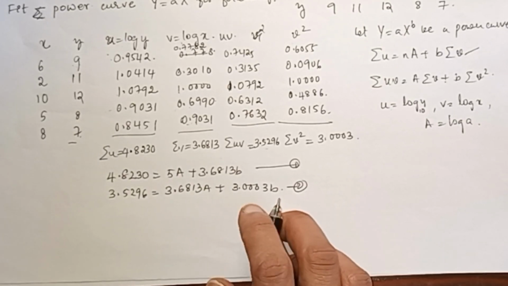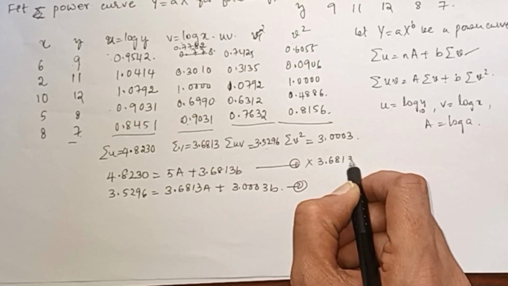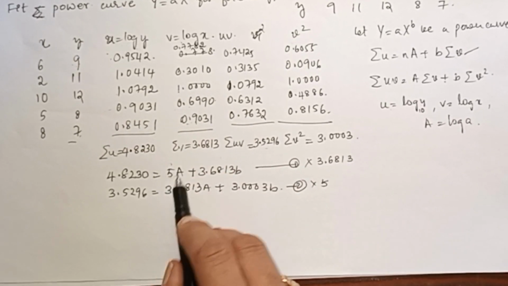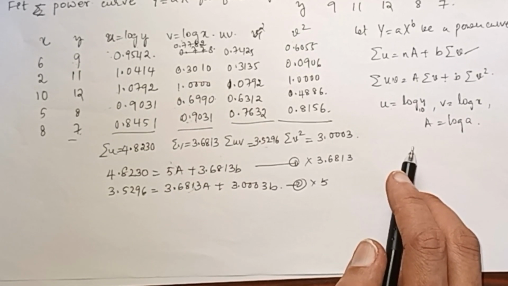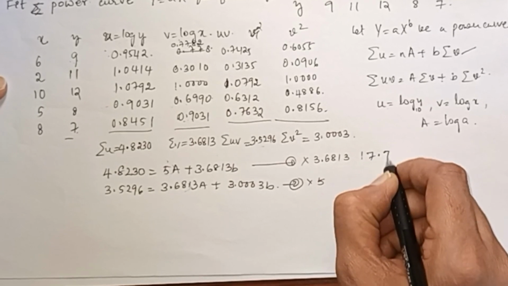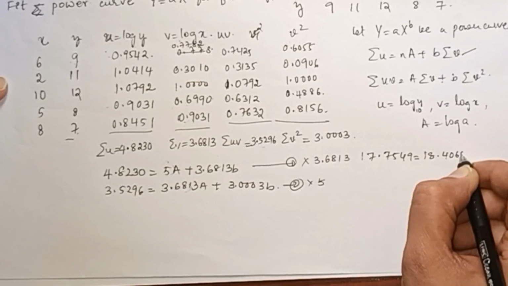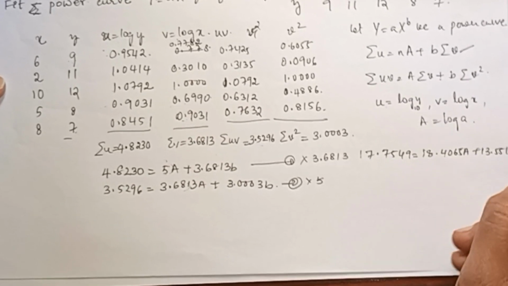So based on the coefficients, multiply this equation by 3.6813 and this equation by 5, because here the coefficient is 5 and here the coefficient is 3.6813. Then you have to simplify. So what you get here is 17.7549 equal to 18.4065A plus 13.5519b.